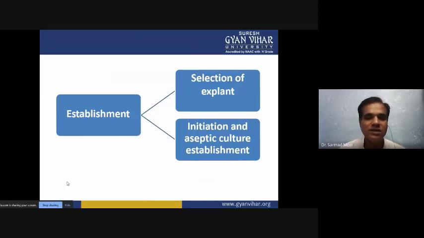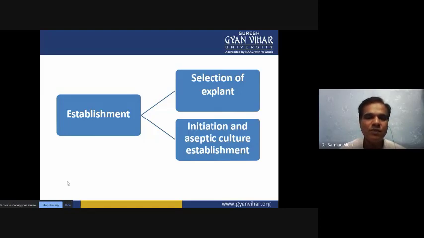When selecting the explant, you have to choose a young, healthy explant that is in a good environment and free from waste and any type of weeds. Another thing is that the explant should not be in a stressful condition.